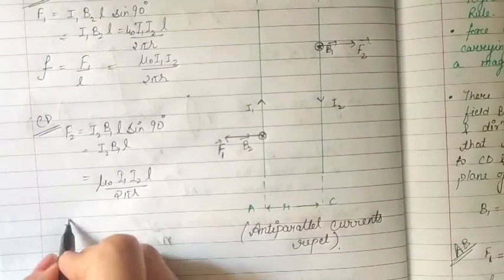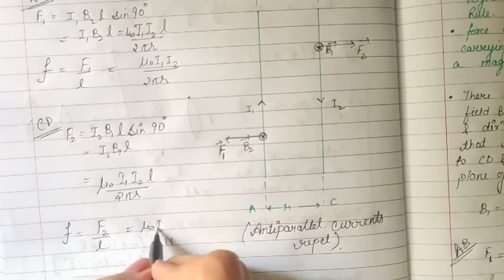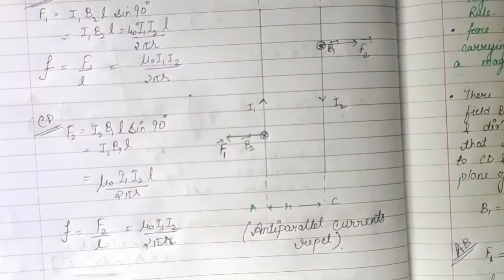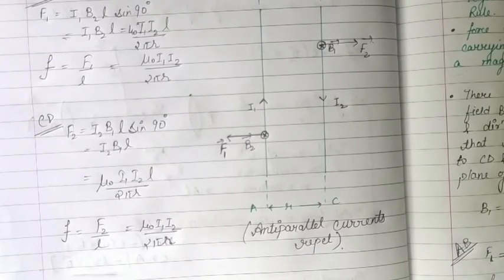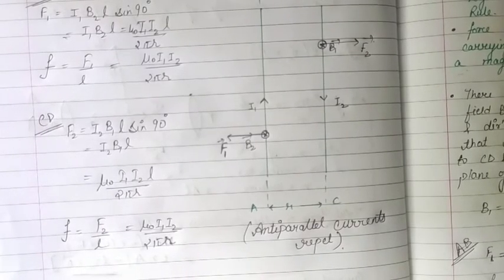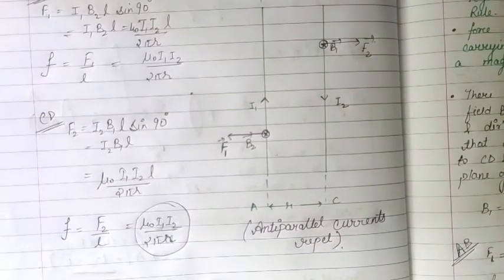The force acting per unit length is F2 upon L, equal to mu naught I1 I2 upon 2 pi r. So the magnitude is the same in each case. Whenever we have two conductors having currents I1 and I2 and small r distance apart, the force acting per unit length will be mu naught I1 I2 upon 2 pi r. This factor is the same in each case.